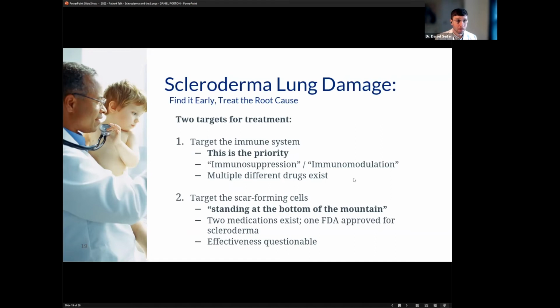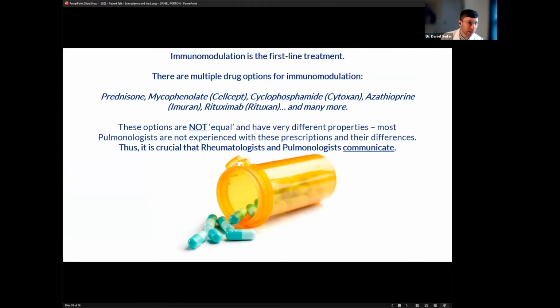Okay. So regarding immunomodulation, there are multiple options: prednisone, mycophenolate, cyclophosphamide, azathioprine, rituximab, many more. We could just keep going, right? These things have been looked at in trials, and we could dig into the trials specifically, but I don't actually think that's the most useful thing that I could be talking with you about. And the reason for that is these options are not equal, and they're actually pretty complicated in terms of what they cause.